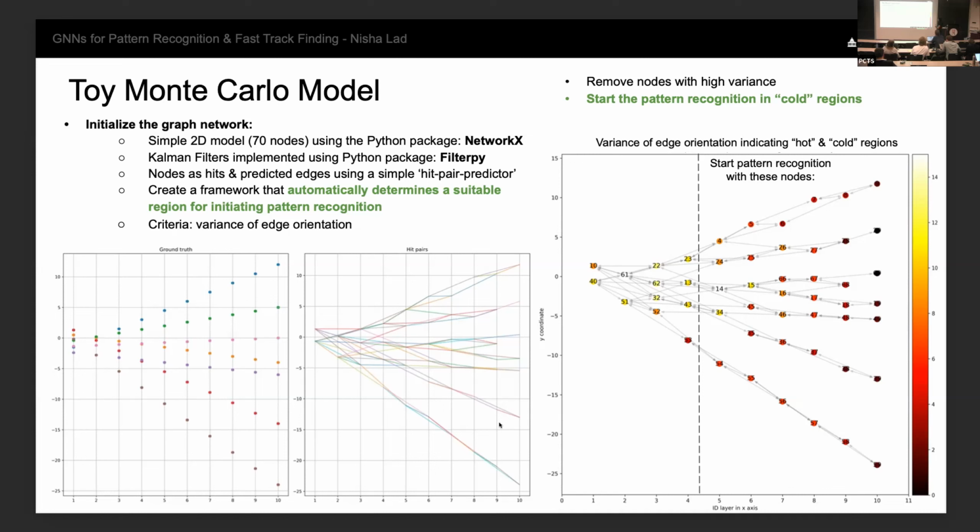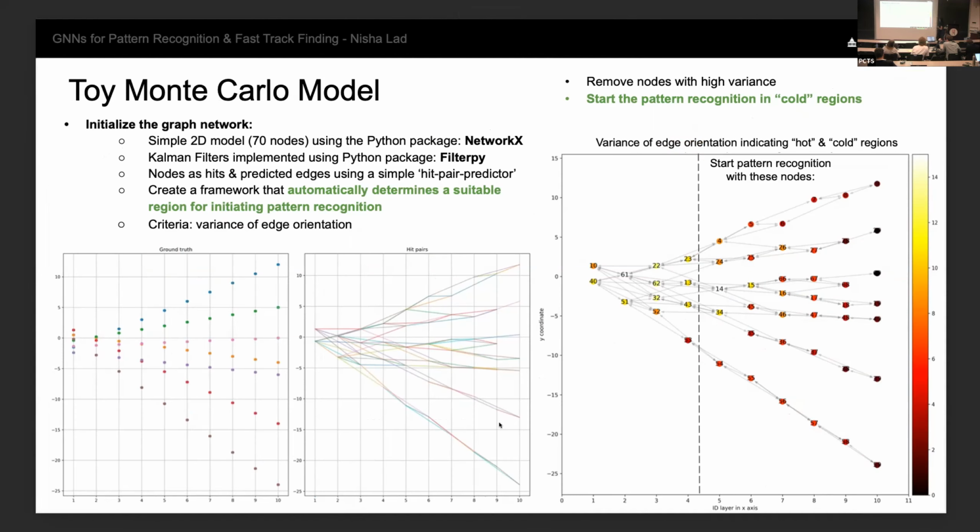So we ignore this region for now, and we focus on the cold region where the nodes are in red. And that basically means that it has a low variance of edge orientation, and it's easier to resolve ambiguities and find your local track parameters and local track orientation there. So that's where we begin our pattern recognition.